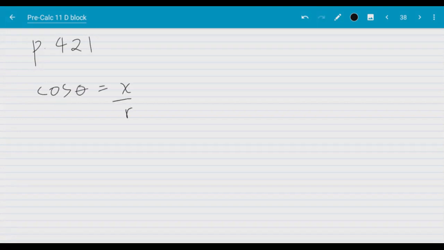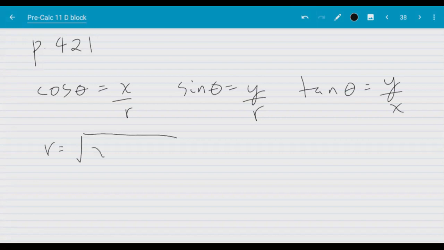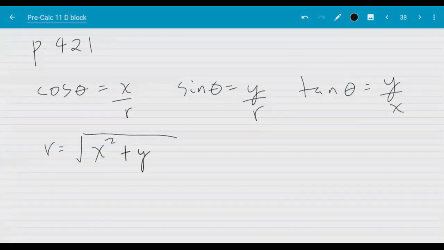This is just a recap of what you have learned before. Sine theta is equal to y over r, while tangent theta is equal to y over x.